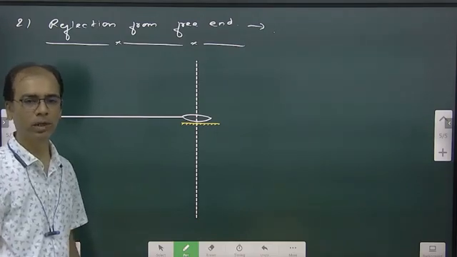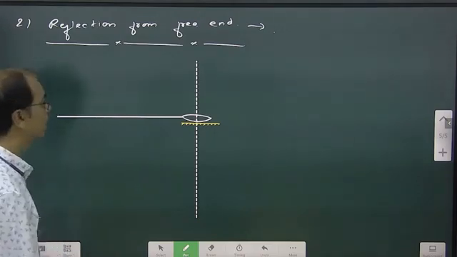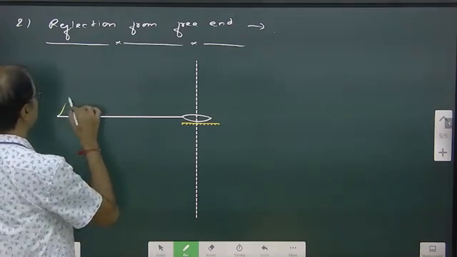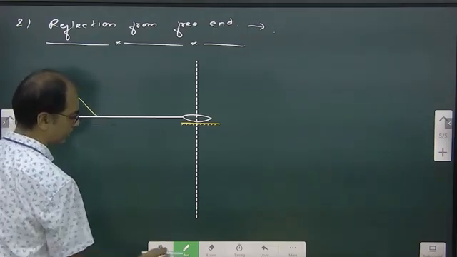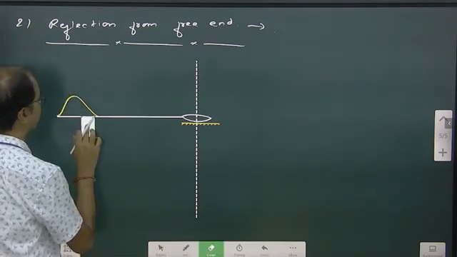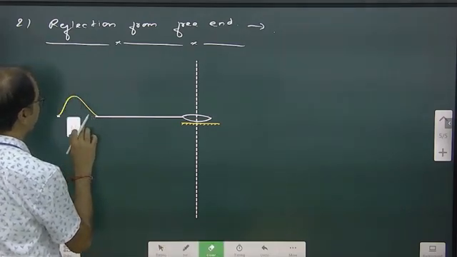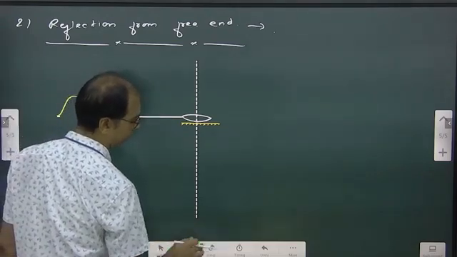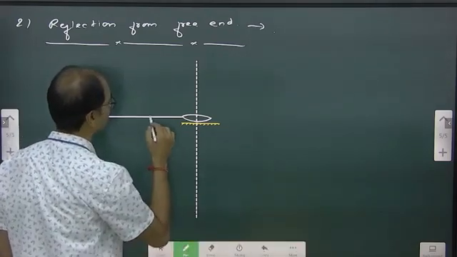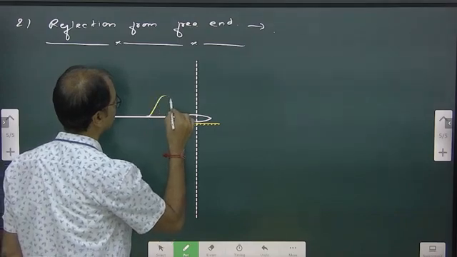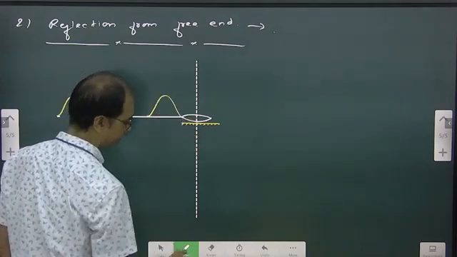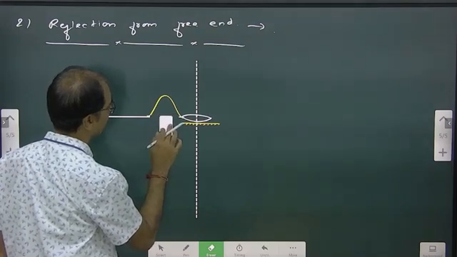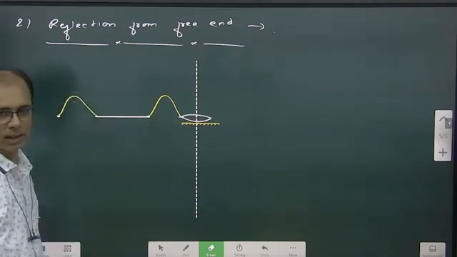To understand that, we'll create a pulse here. Now this pulse will move forward. When it reaches over here, it will be like this. Now when the pulse is moving, that means string is tight.